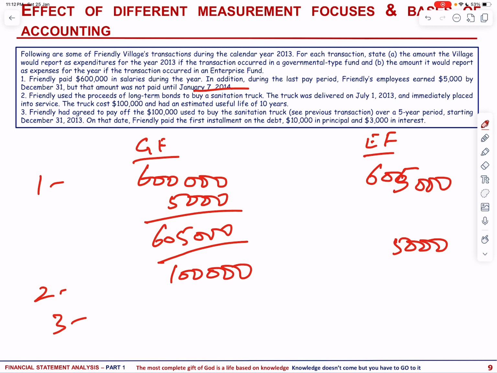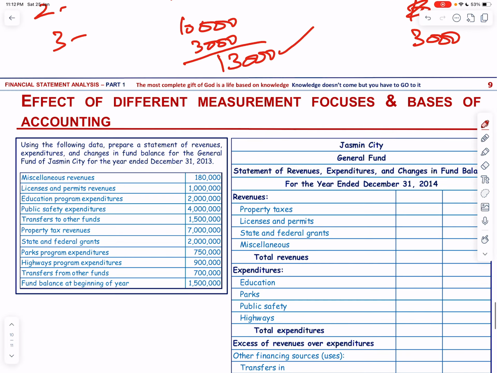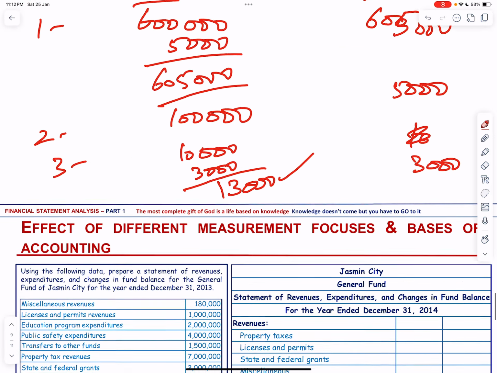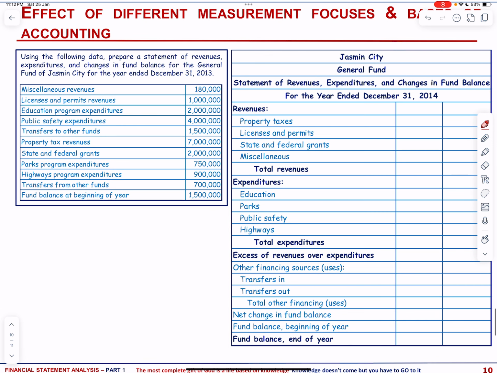For governmental type, we are going to add the principal of 10,000 plus 3,000, that makes 13,000. Both will be recorded as an expenditure. Under enterprise fund, we are going to record interest of 3,000 only, as the purchase of truck has to be capitalized, that is an asset under the accrual basis.